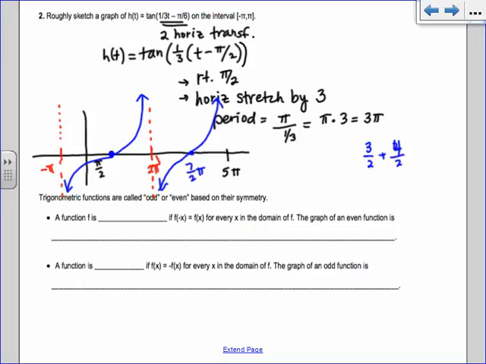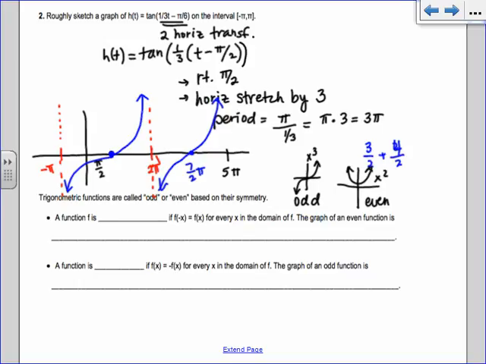So trigonometric functions are called odd or even based on their symmetry. So this goes back to just basic functions. The most basic odd function is x cubed. I want you to keep that in the back of your mind. And the most basic even function is going to be x squared.